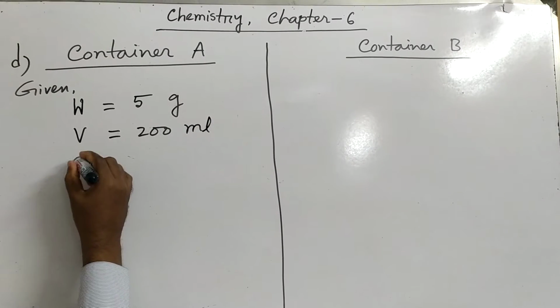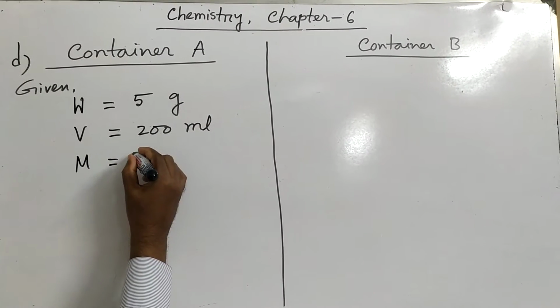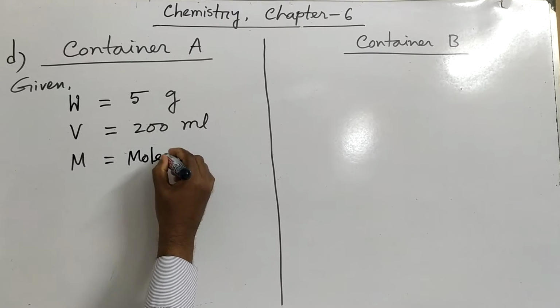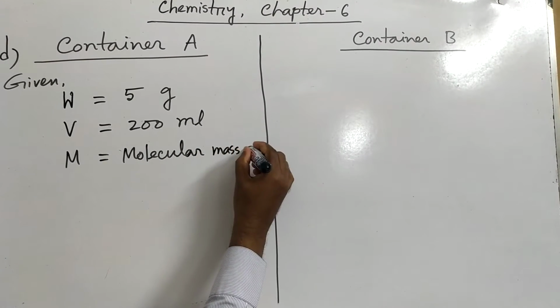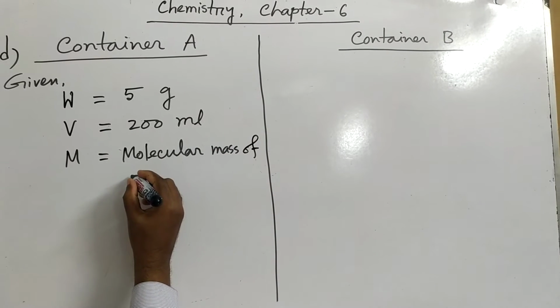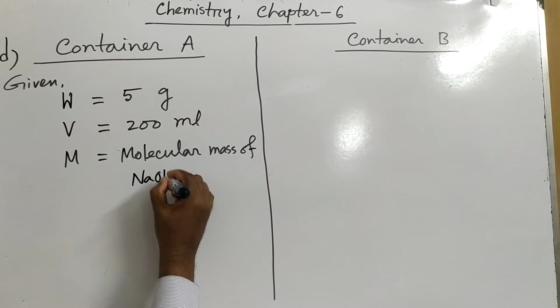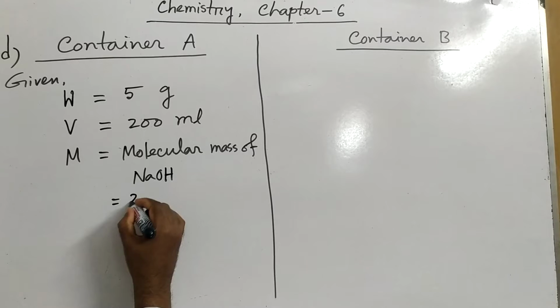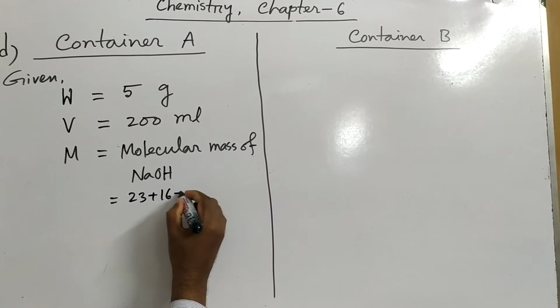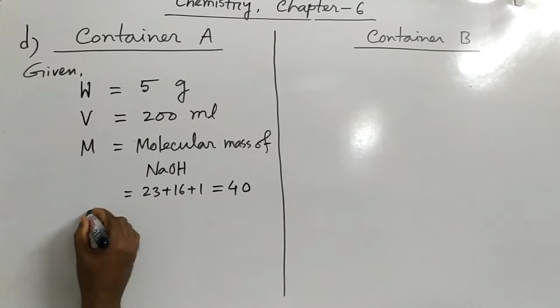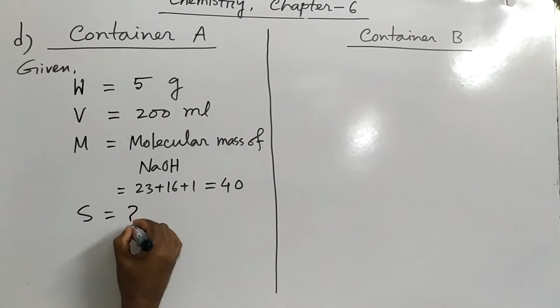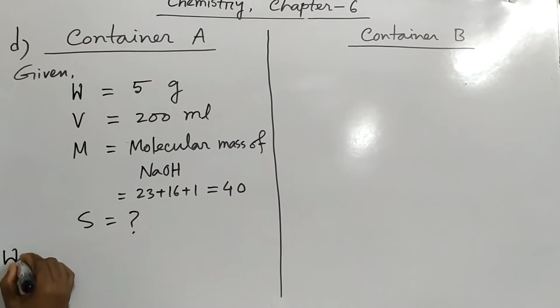Then M, molecular mass of NaOH equal 23 plus 16 plus 1 equal 40. We have to find out the concentration. S equal what?